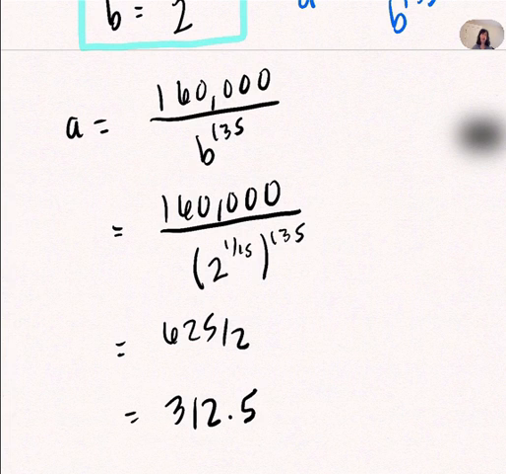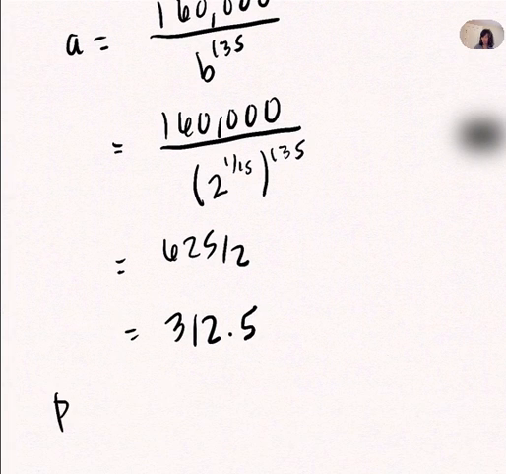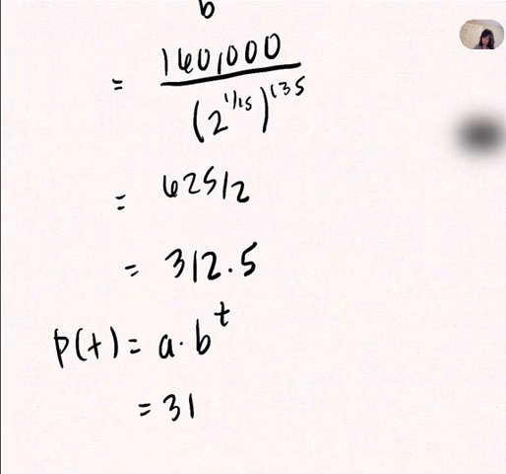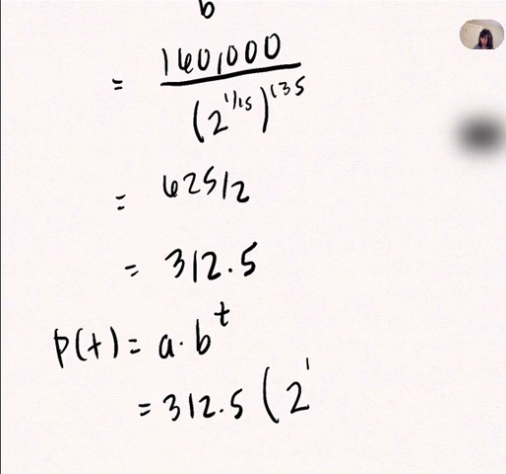So now we know what a is and we know what b is. In other words, we have an equation for p of t. So p of t, remember, is a times b to the t. And we know that a is 312.5 and that b is 2 to the 1 over 15.